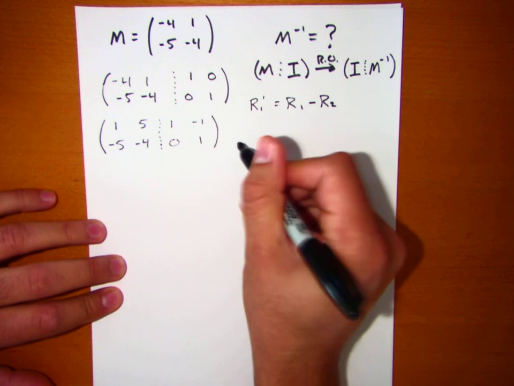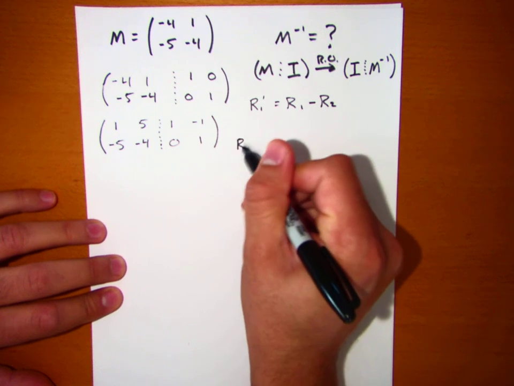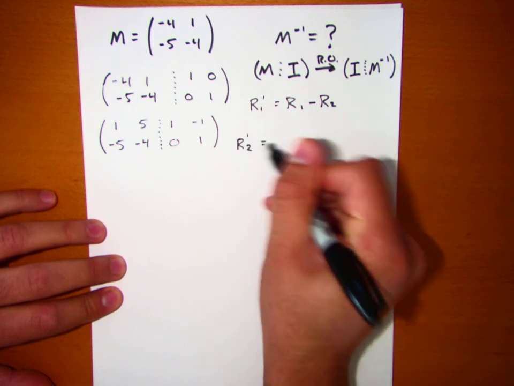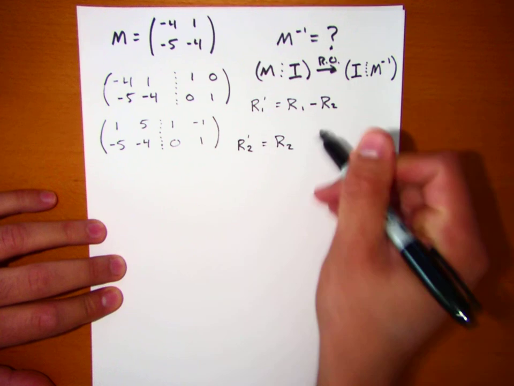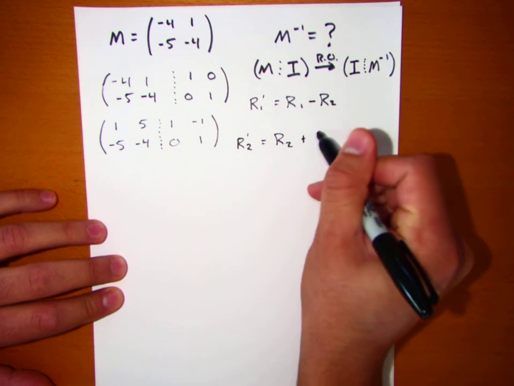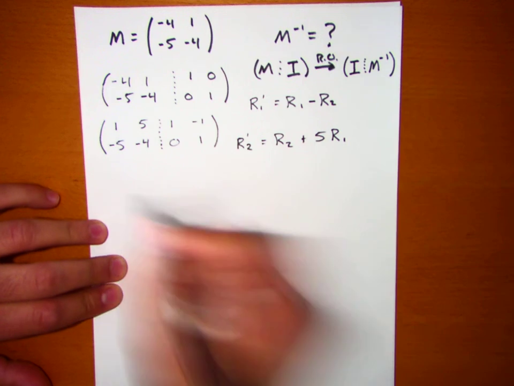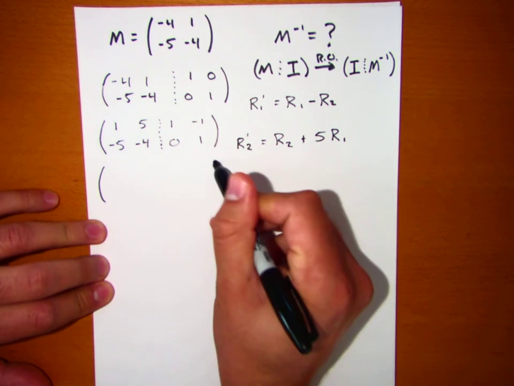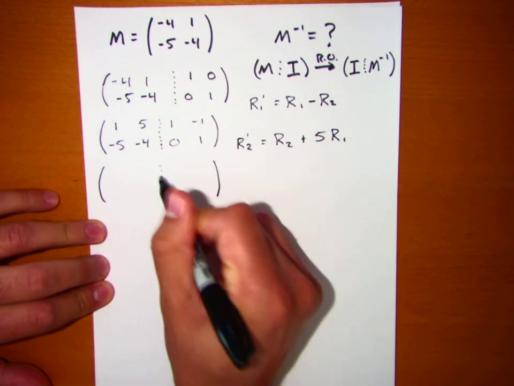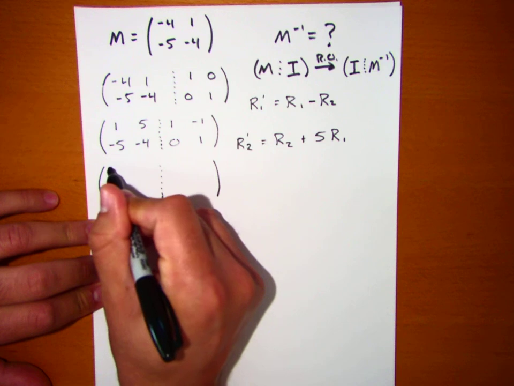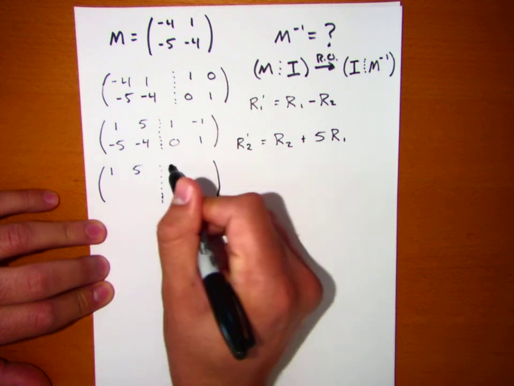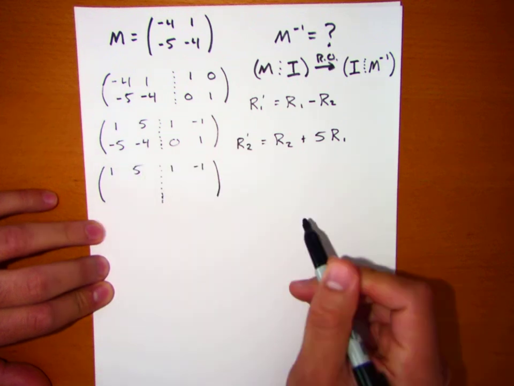Okay, next I'm going to take the second row, and my new second row is equal to my old second row plus 5 times the first row. Like I said before, the top row is going to stay the same because we're not doing anything to it right now.